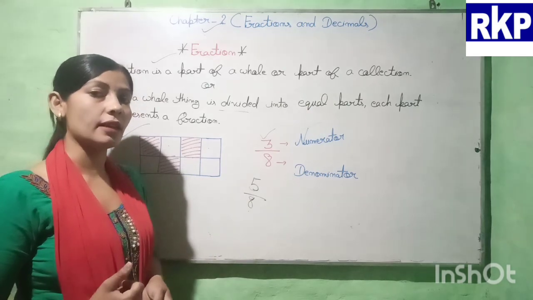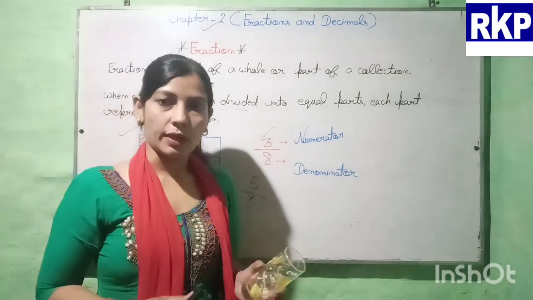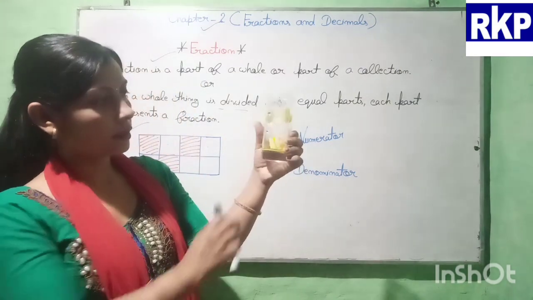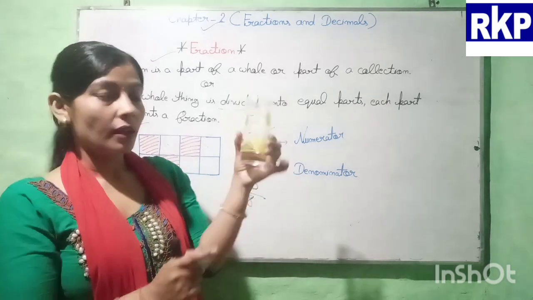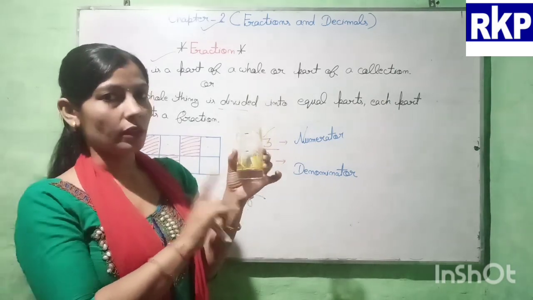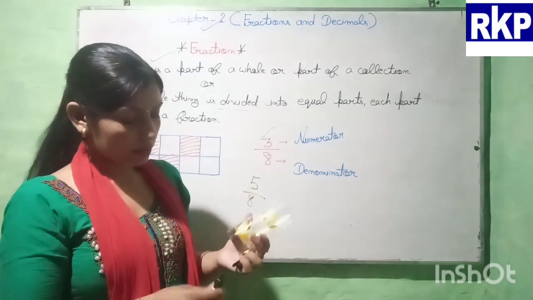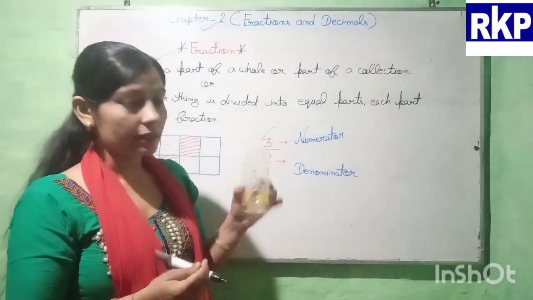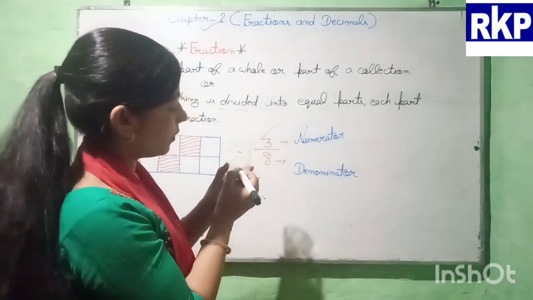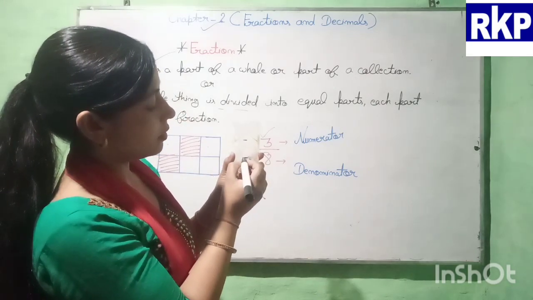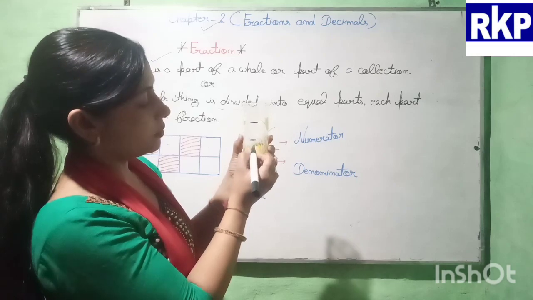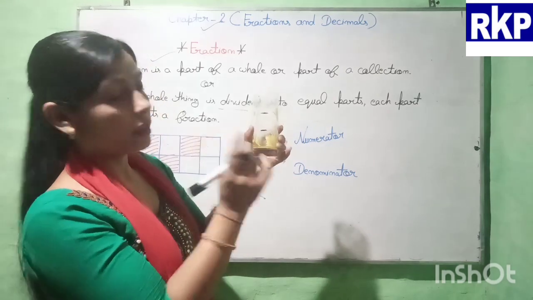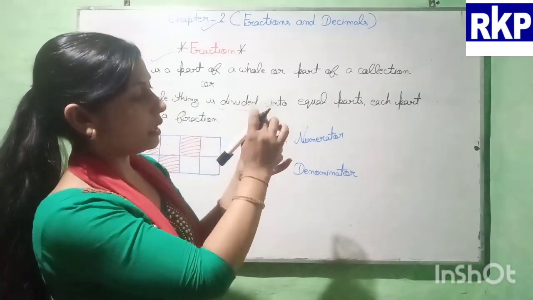Now let us take one more example. Now students, here I have one glass, and it's empty, but I want to fill water in this. First let us divide it into 3 equal parts. 1, 2, 3. I have divided it into 3 equal parts.